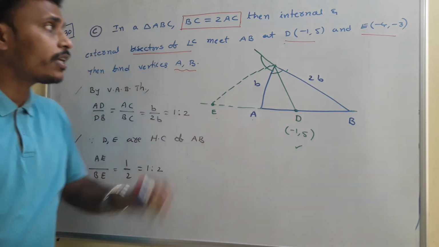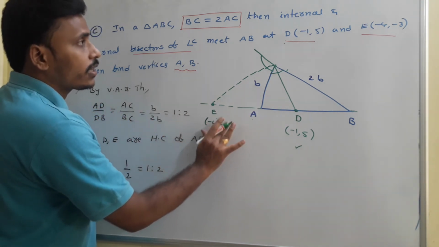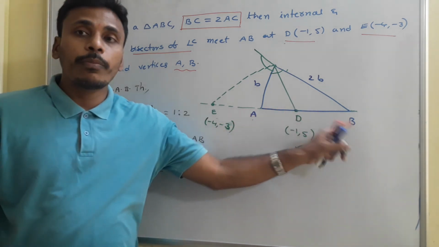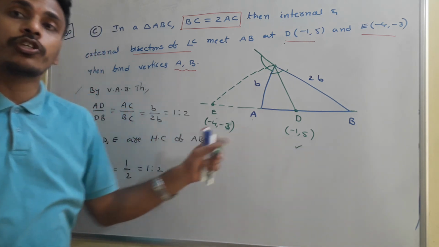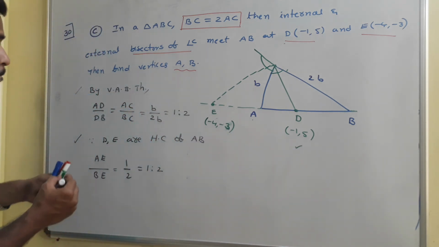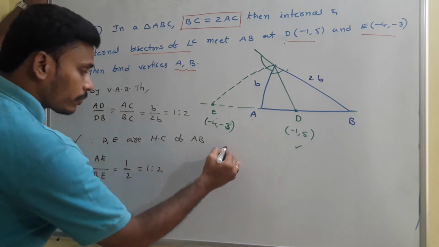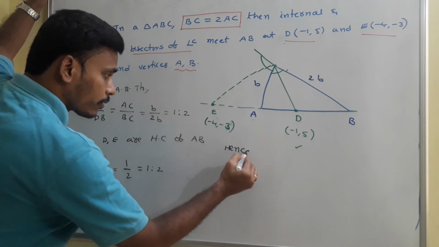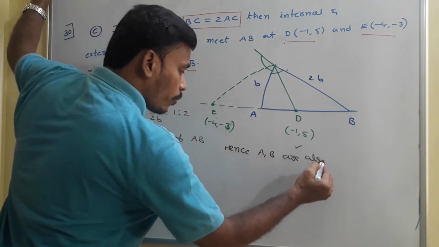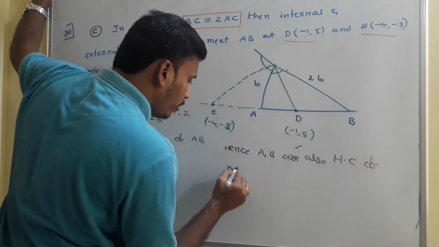Since D, E are harmonic conjugates, as we discussed, at the same time A, B are also harmonic conjugates of DE.